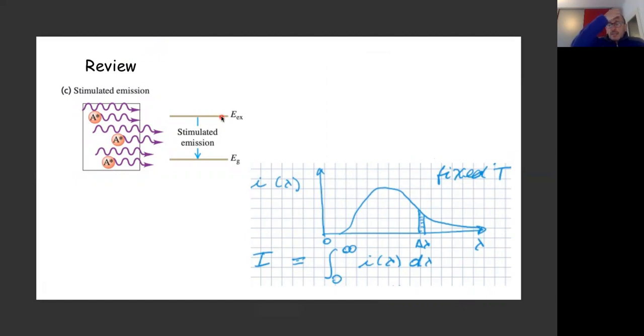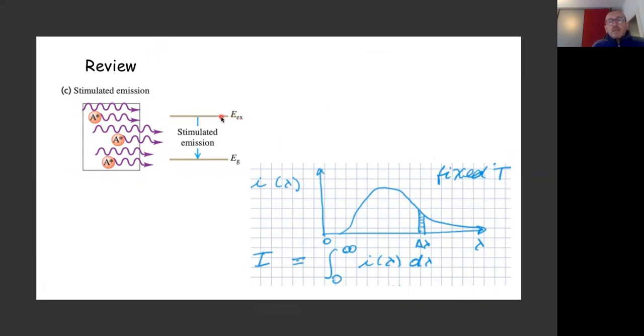And the higher excited state should be a short-lived state. That would allow the inversion of the population and having a large number of atoms in this particular excited state.